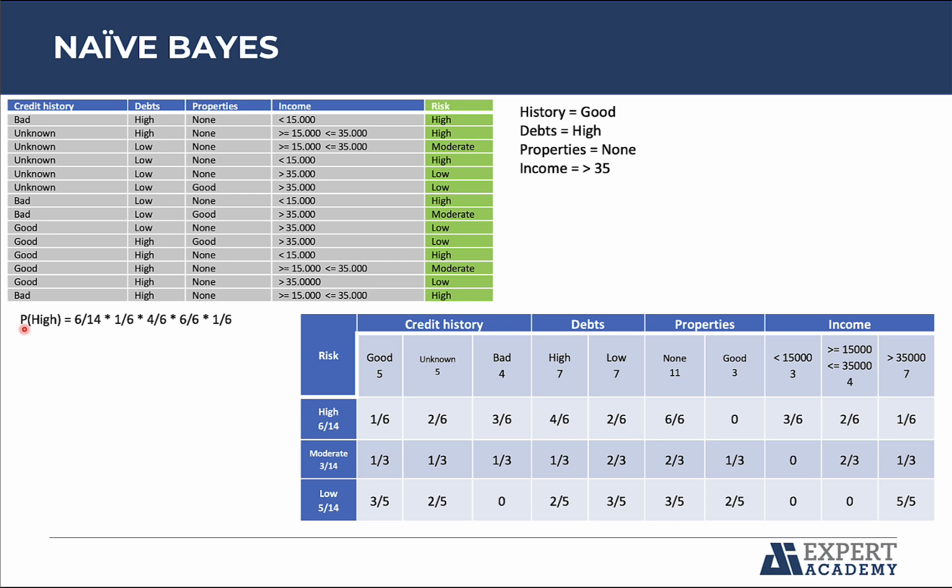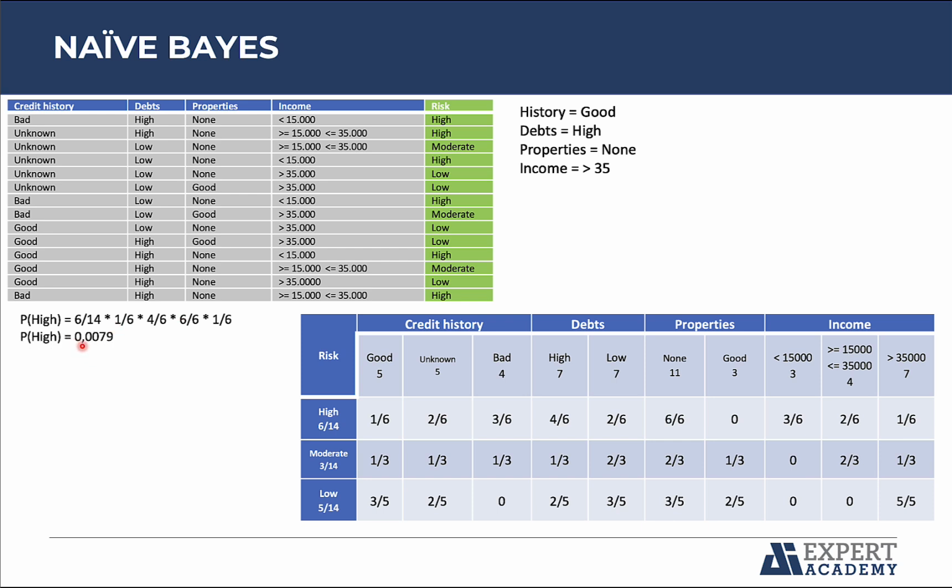We need the probabilities for the risk to be high, so we can use the value 6 divided by 14, it is the probability of being high, and multiply by 1 divided by 6, because the history is good, so we are taking this value here, and multiply by debts equals high, 4 divided by 6, as we have here, properties none, 6 divided by 6, and finally, income equal or greater to 35. 1 divided by 6. We just multiply all the probabilities.